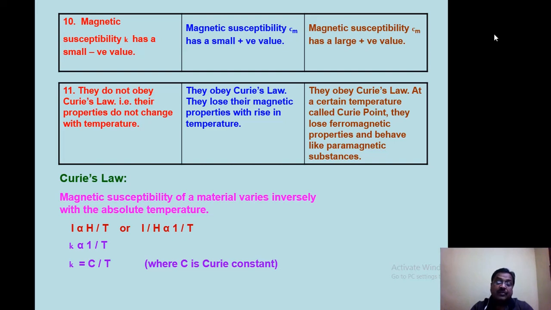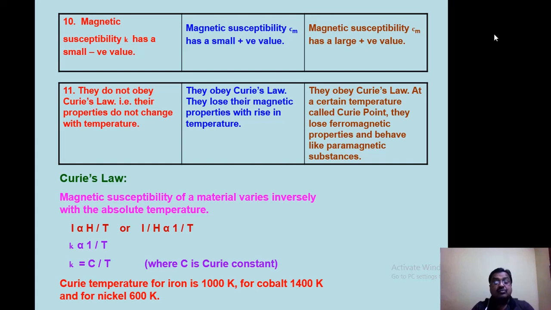I, intensity of magnetization, is directly proportional to H by T. H is field strength, T is temperature. So I by H is inversely proportional to T, but I by H is susceptibility, and to equate it, we introduce a constant of proportionality C, which is called Curie's constant. So K equals C by T.